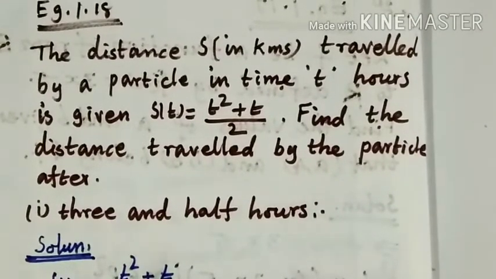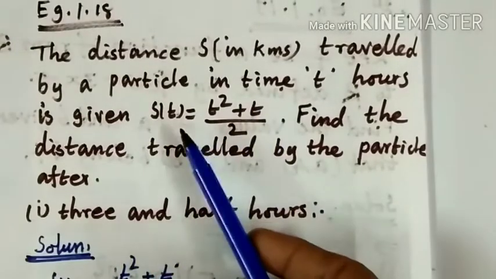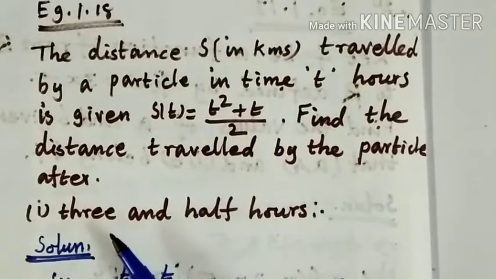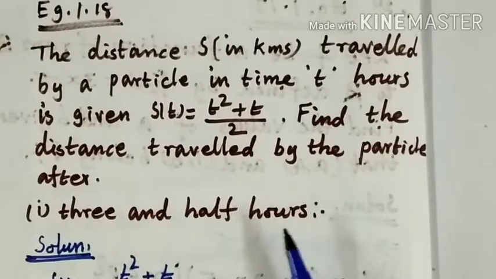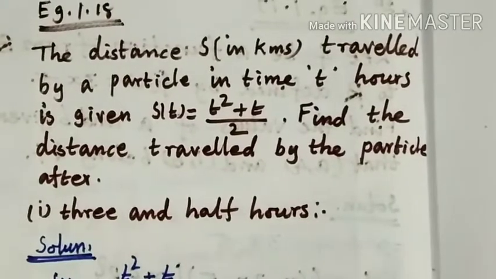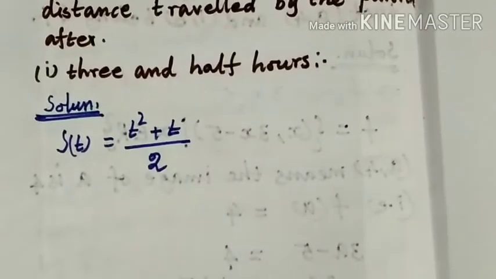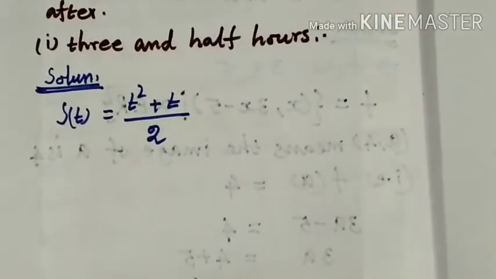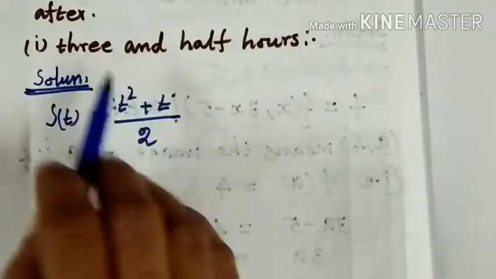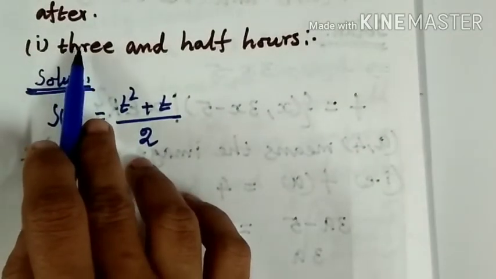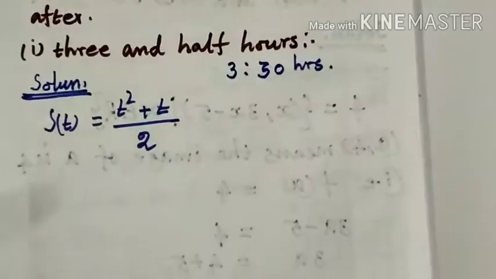See, in this question, the function is given. We have to find the distance travelled by the particle after 3.5 hours. Solution. First you take down and write the function. See the first subdivision, 3.5 hours.